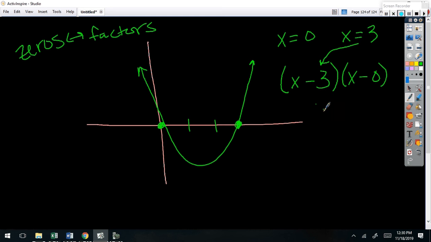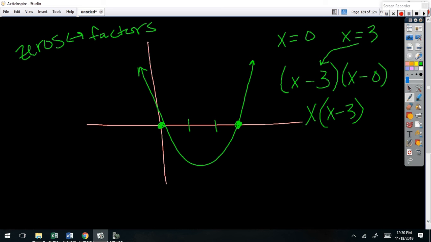So essentially what I could do is I could write the equation based strictly off of the factors, okay, or the zeros. This is what we call linear factorization, and it's a big fancy word for just using the factors and the zeros to write the equation. What's linear factorization? Using the zeros and the factors to write the equation.